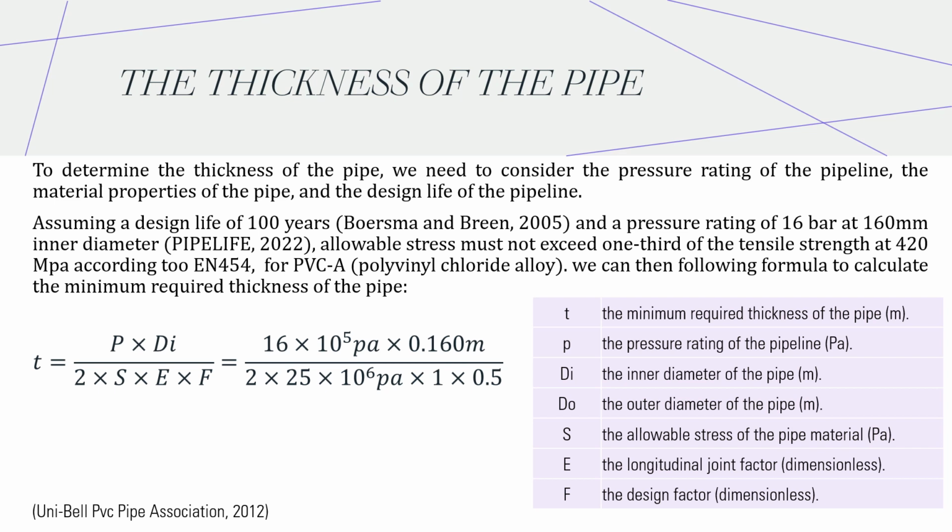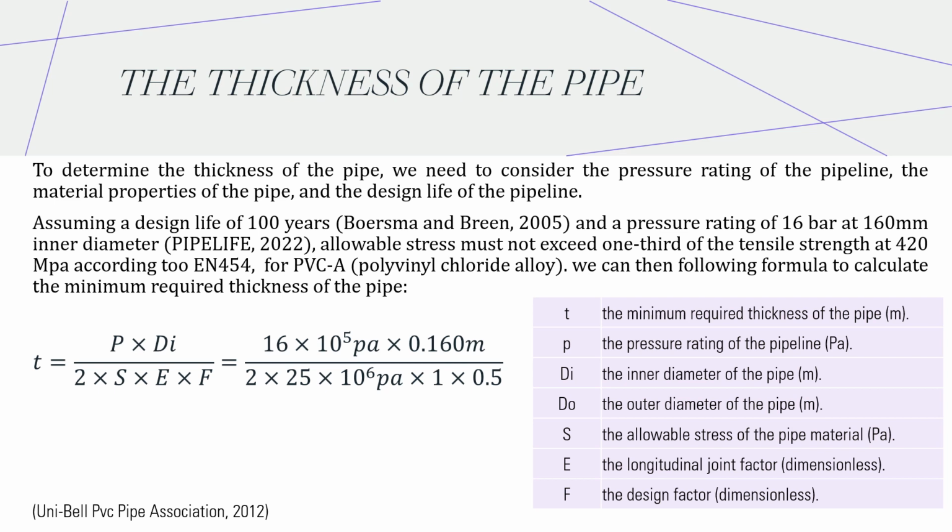This is related back to the concrete slab. So if the concrete slab is assumed to be on the pipeline, it will be more reasonable to take an allowable stress of less than 30 or 35. Therefore, it was chosen to be 25. The E and F were also set as 1 and 0.5 respectively, also according to the European standard EN 454.